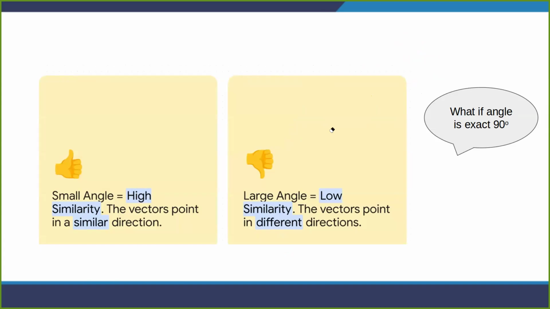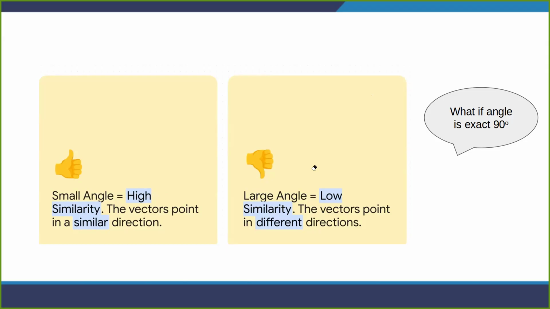If there is a small angle, it means the similarity between listening to music A and music B is high, because the vectors point in a similar direction. If the angle is large, the similarity is very low, because the vectors point in different directions. You can ask, what if the angle is exactly 90 degrees, then what do you do? There is another case which I'll discuss later. But for now, this is the thing.